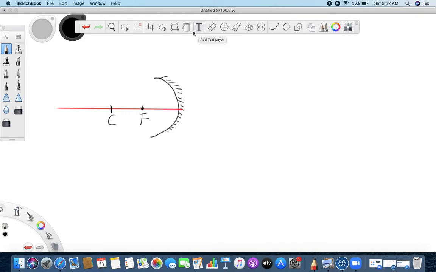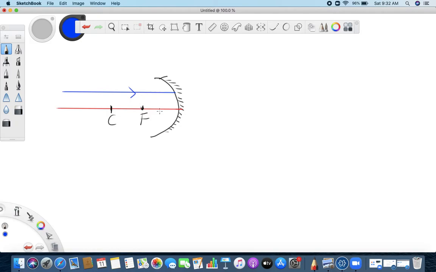Whether you draw it here or anywhere, the first condition is that the light should be parallel to principal axis. That is an incident ray.